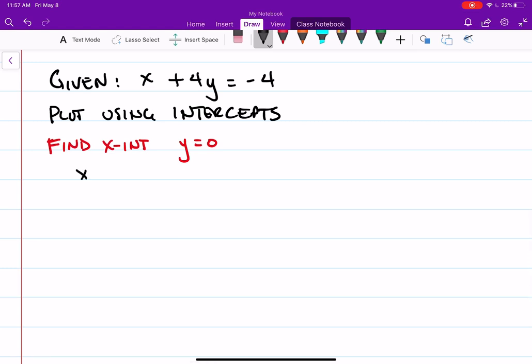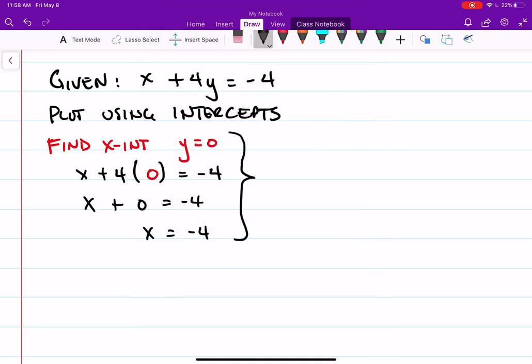I got x plus 4 times 0 is equal to negative 4. So x plus 0 is equal to negative 4, so x is equal to negative 4. In this case, my point is negative 4, comma, 0.